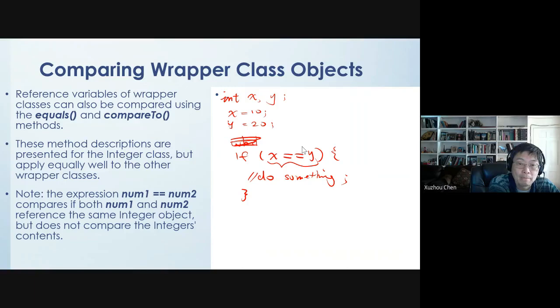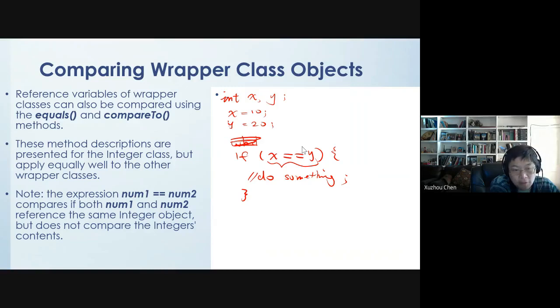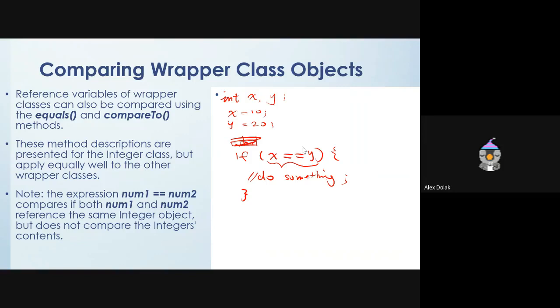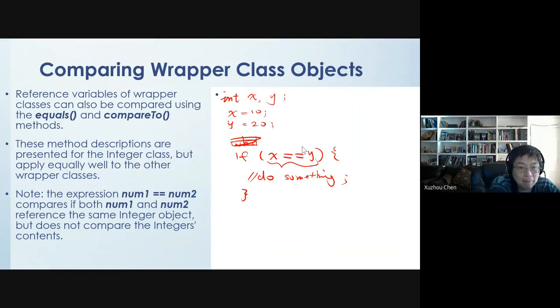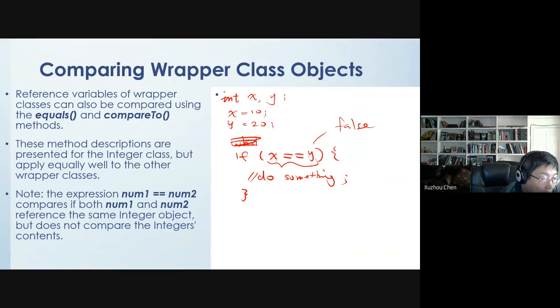What's the condition? True or false? It is false, right? Because x is 10, y is 20. So this is how we can compare two primitive types, x and y.